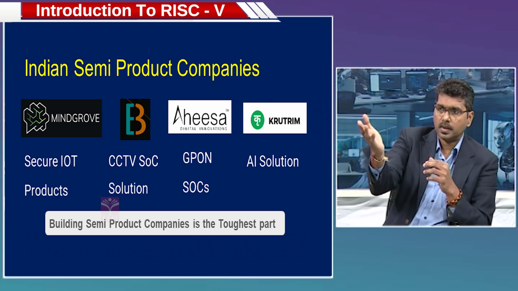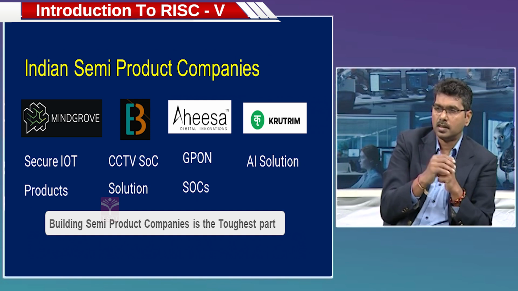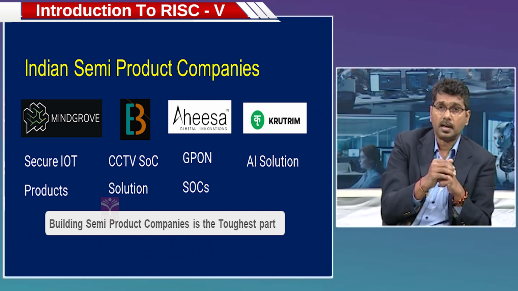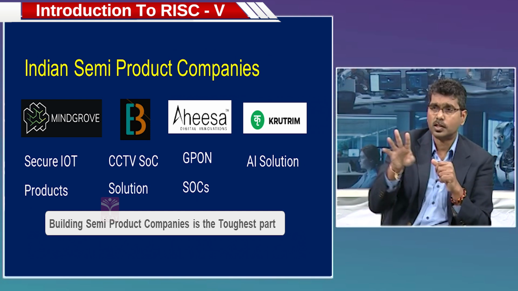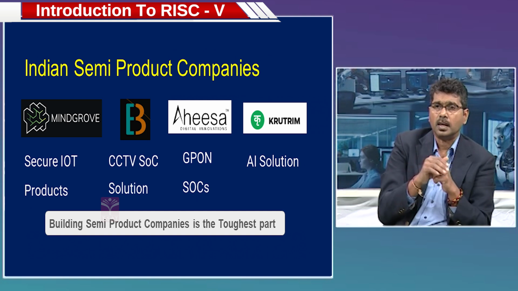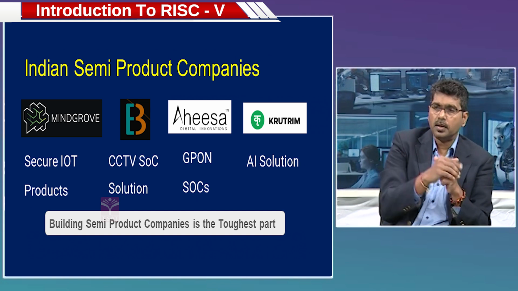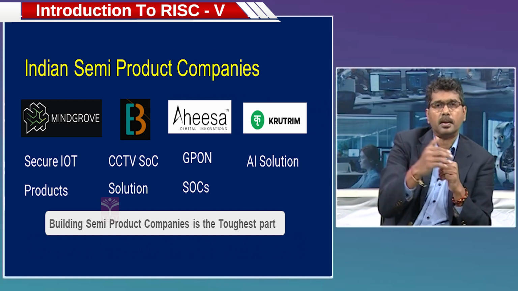So there are a few companies. There are a lot more companies, by the way. There are around 100 plus startups, and in the product space, at least 20-25 companies which are designing their own products. I just picked a few to illustrate the level of effort that's going on. MindGrow is probably further ahead than anybody else.